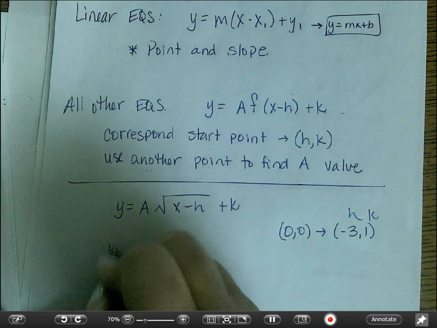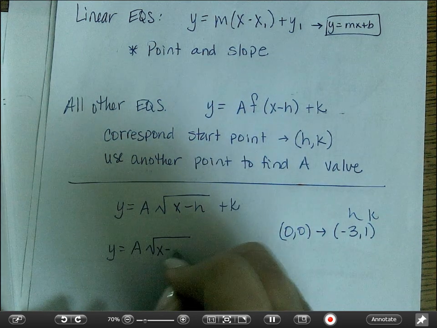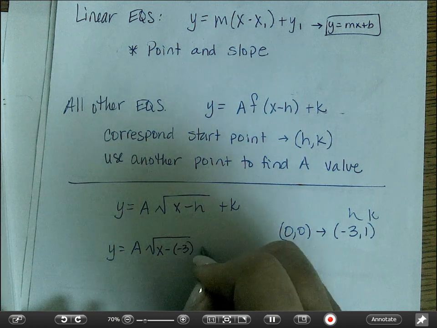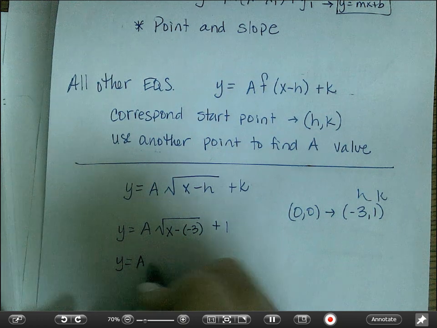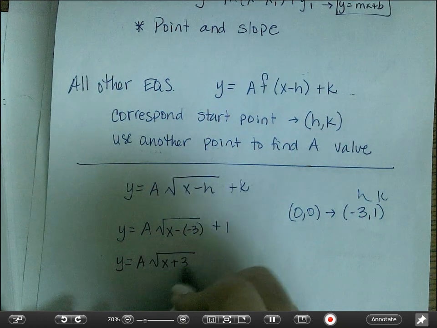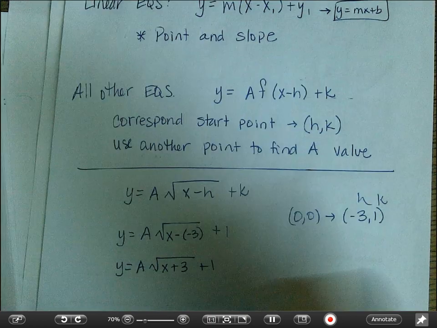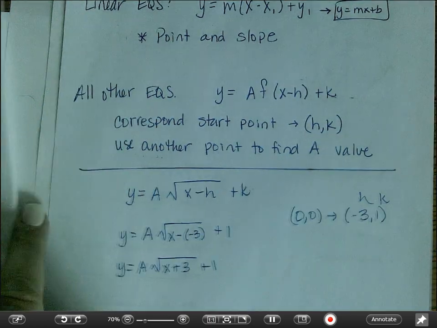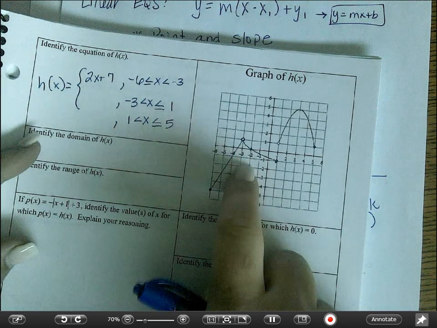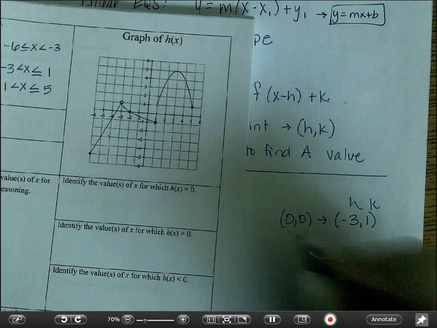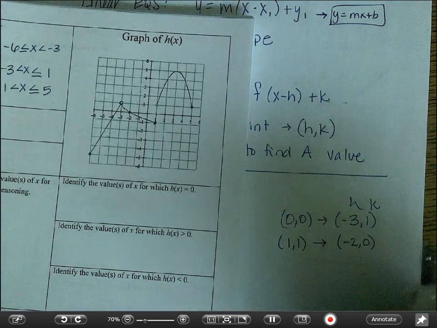That gives me y equals a, the square root of x minus negative 3, plus 1. If I simplify that, I get y equals a, the square root of x plus 3, plus 1. Now I use any other point to find the a value. I recommend finding that very next closest point. That closest point, which would have corresponded to 1, 1, now corresponds to negative 2, 0.